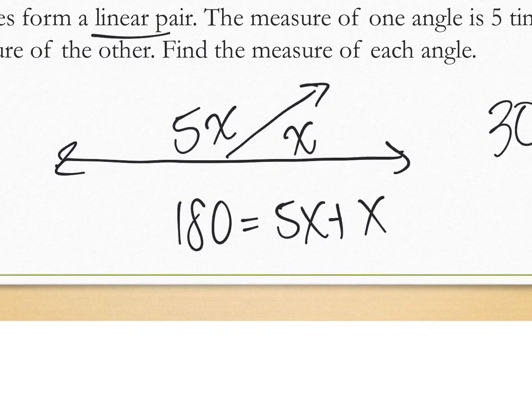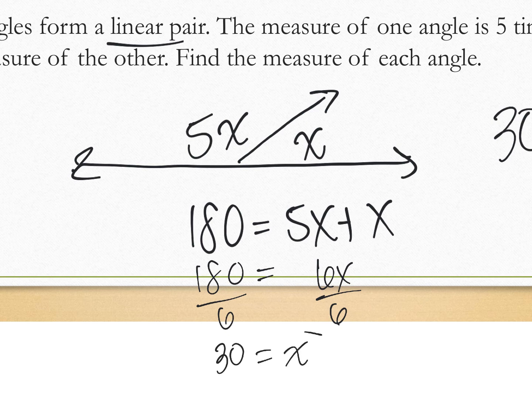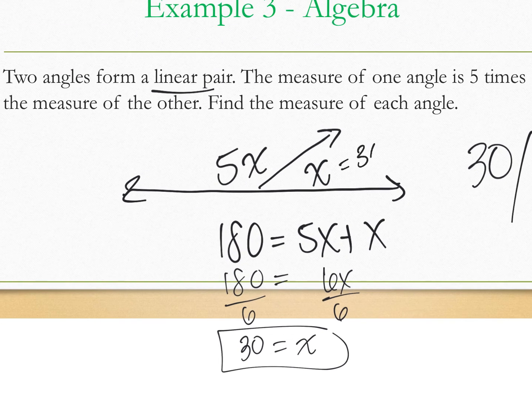What is 5x plus x? 6x. So 6x is equal to 180. We divide both sides by 6. We get 30 equals x. Gucci? Now, it asks for the measure of each angle. One of the angles is 30 degrees. What's the measure of the other one? 150 degrees.